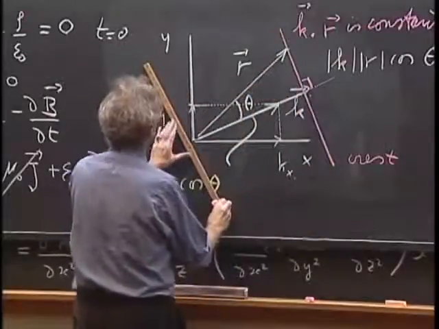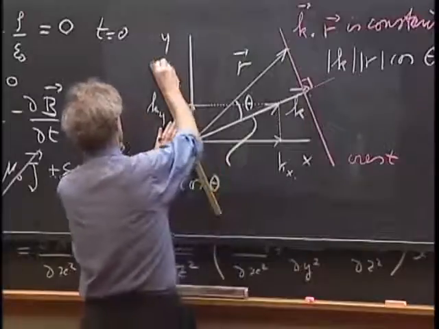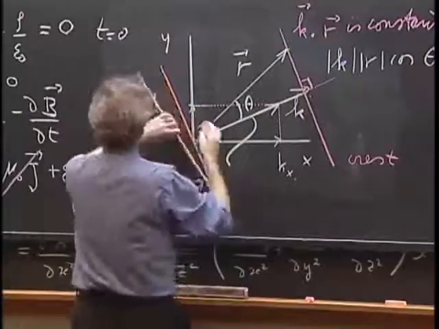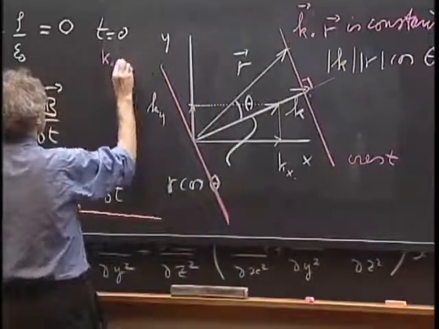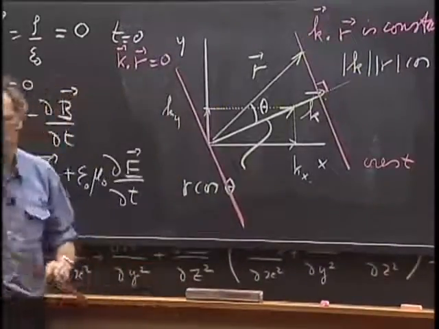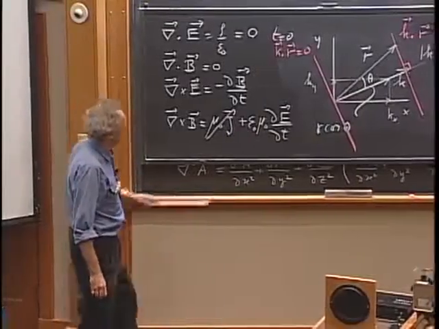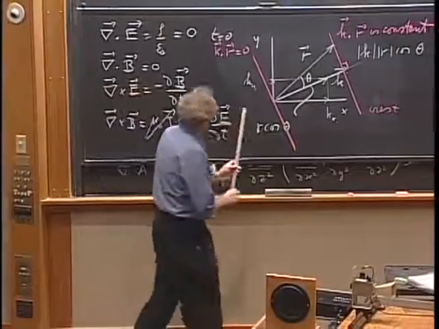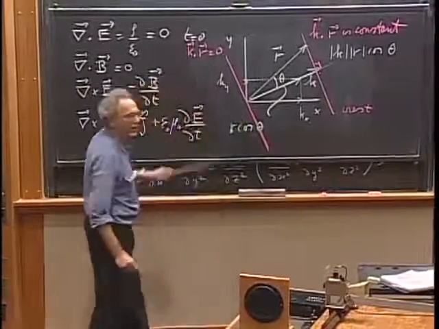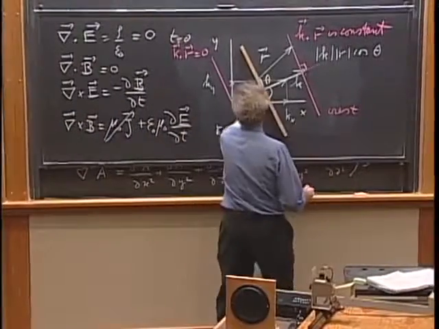And here, I draw another line perpendicular to k. So here, k dot r is 0. The dot product is 0. R is perpendicular to k. So this point. I will also assume that the E vector here is a maximum pointing in your direction, and then there is one here.